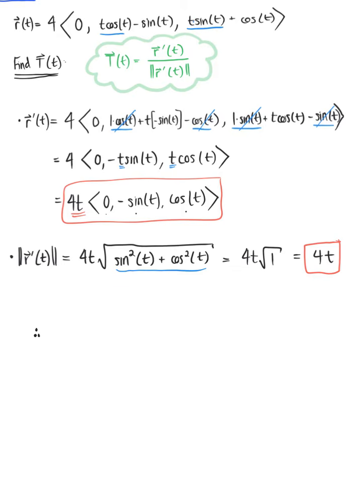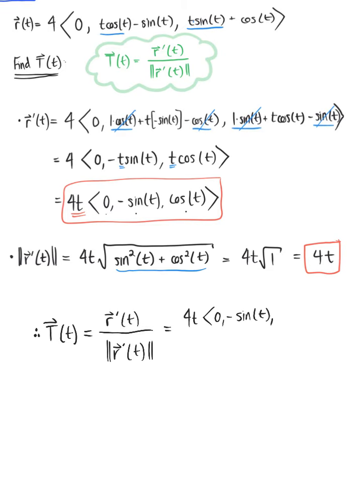So we can say, therefore, our unit tangent vector, capital vector T, is defined again by the tangent vector all over the magnitude of that tangent vector. So plugging these individual components in, we have 4t multiplied by the vector 0, minus sine of t, cosine of t, and that's all divided by 4t.